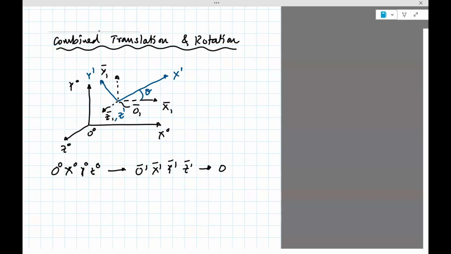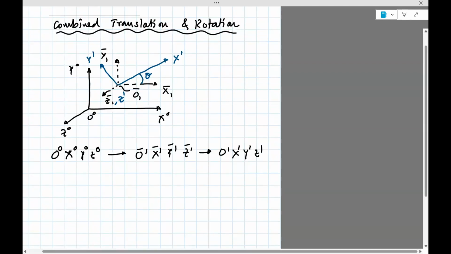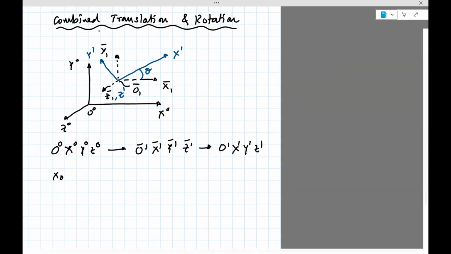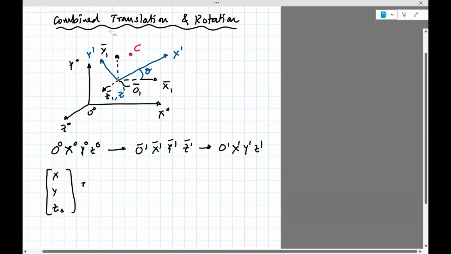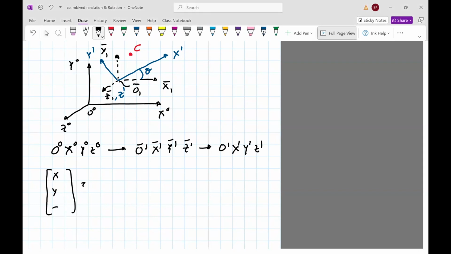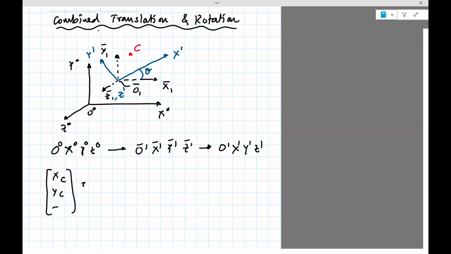And then finally O1, X1, Y1, Z1. So the way to write this is, let's just consider point C as usual. This would be XC, YC, ZC in frame 0.